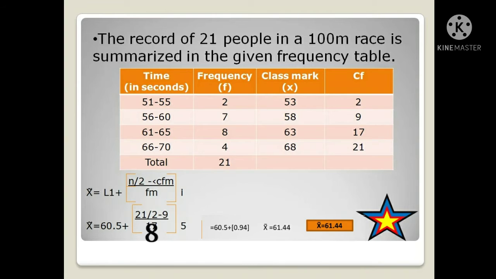So first, copy the 2, then 2 plus 7 is equal to 9, 9 plus 8 is equal to 17, 17 plus 4 is equal to 21. Lower class L is equal to 60.5, n is equal to 21, interval is equal to 5, and less than CFm is equal to 9.